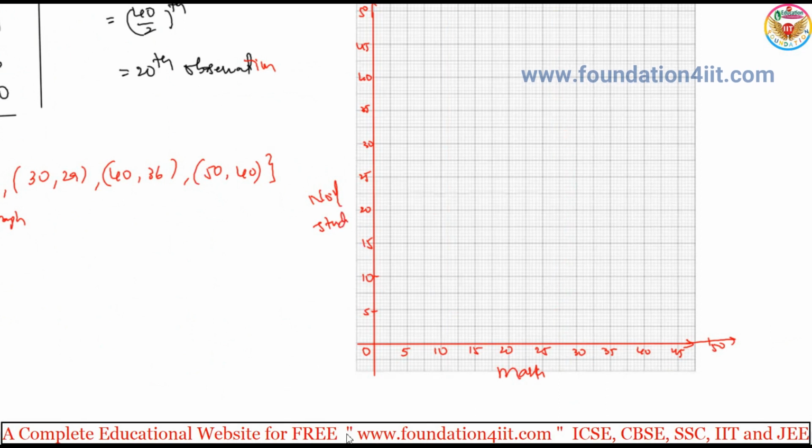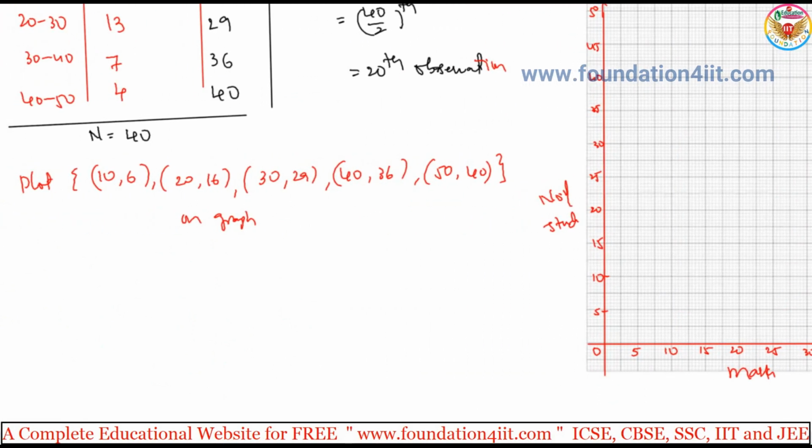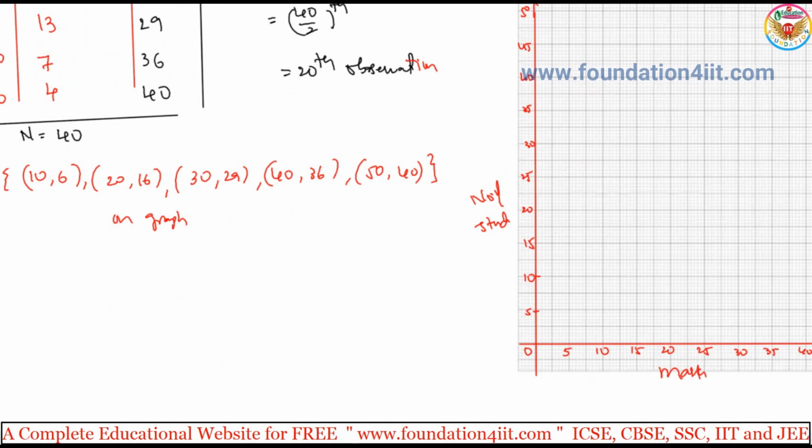Yes. Now you can make this by plotting the points. What is 10 comma 6? You can plot these points. 10 comma 6. 2 millimeters is 1 point. Then 20 comma 16: from 15 to 20, 2 millimeters is 1 point, because within 1 centimeter there are 10 millimeters.